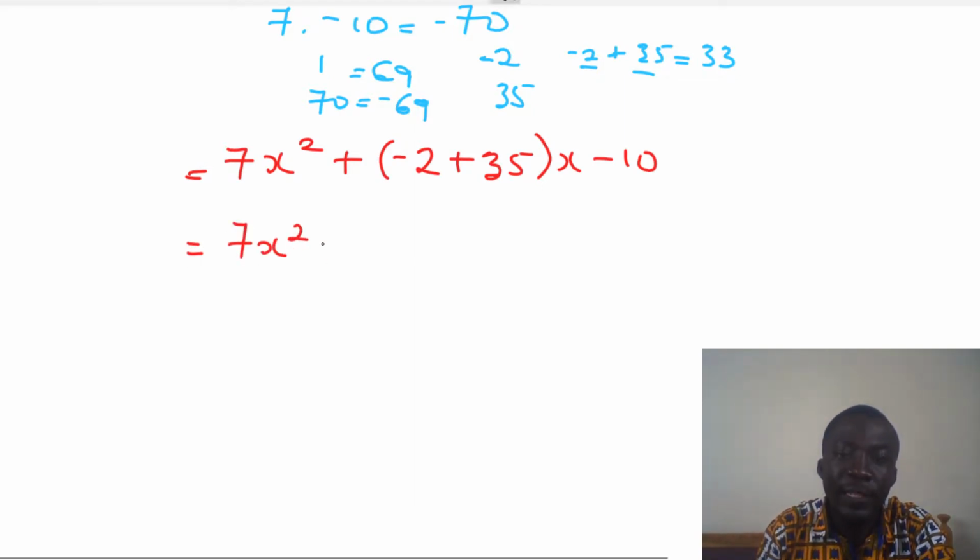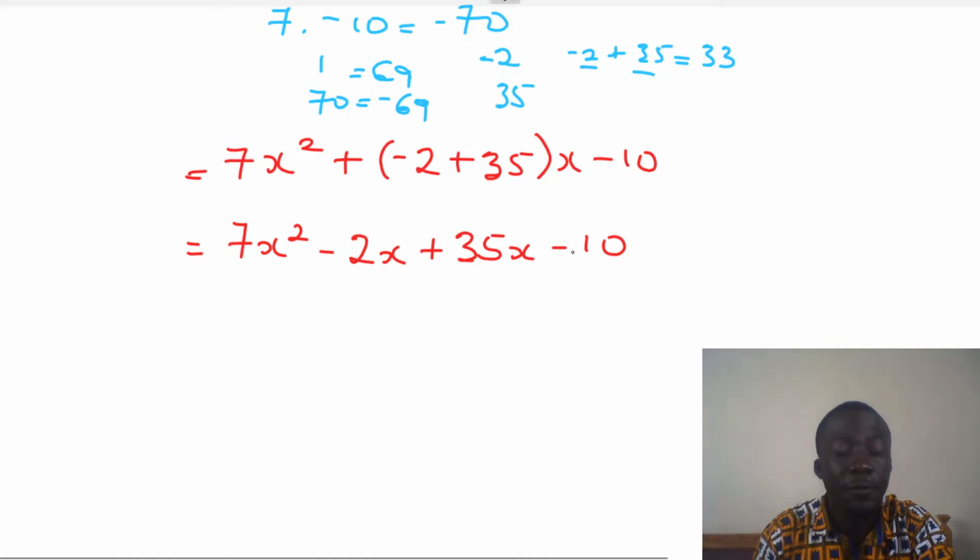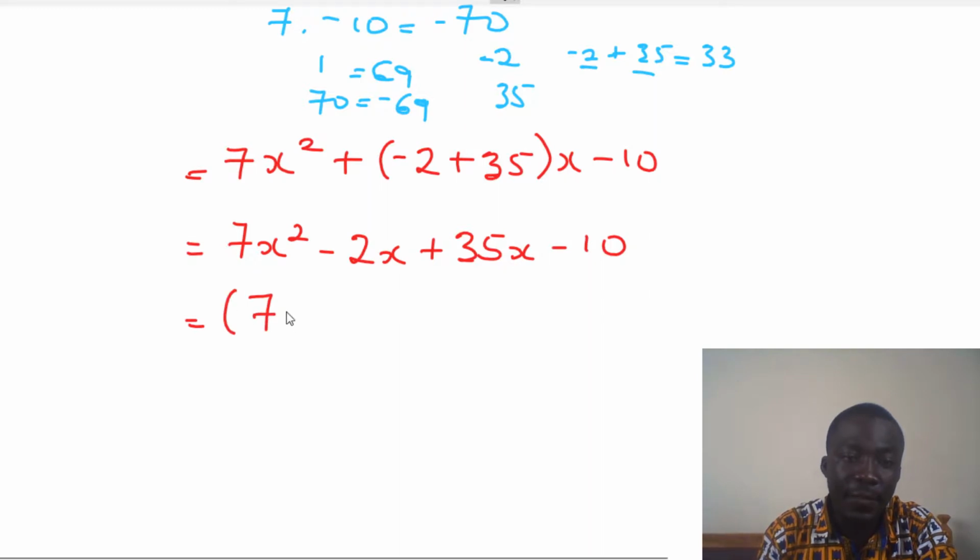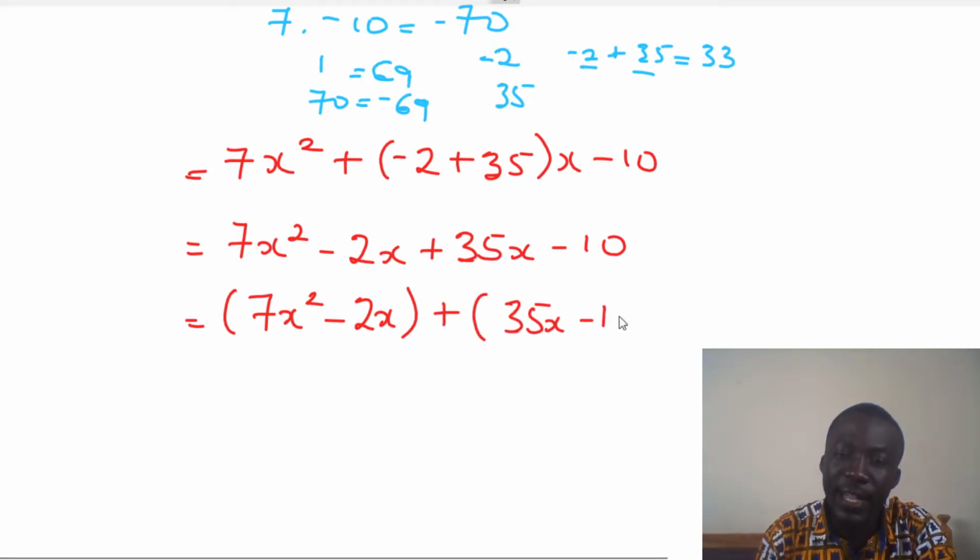When we expand the content of the bracket, we get negative 2x plus 35x, then minus 10. We have 4 terms, so we can group them into 2. Thus, 7x squared minus 2x in one bracket plus 35x minus 10 in another bracket.